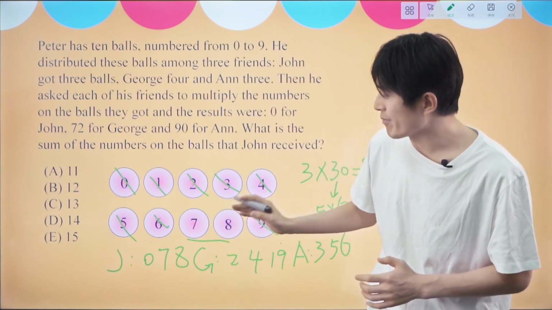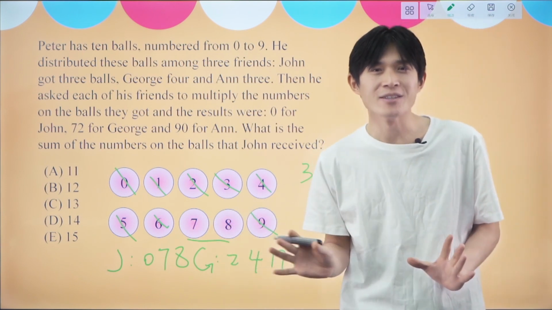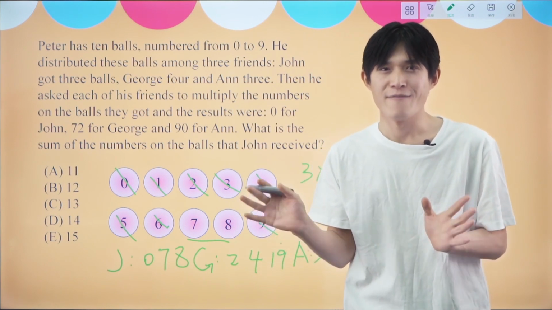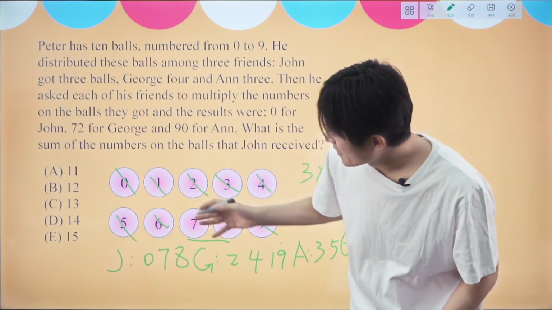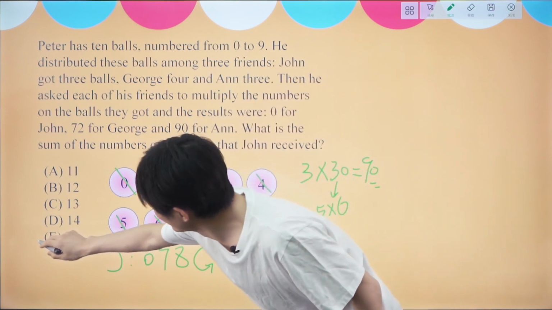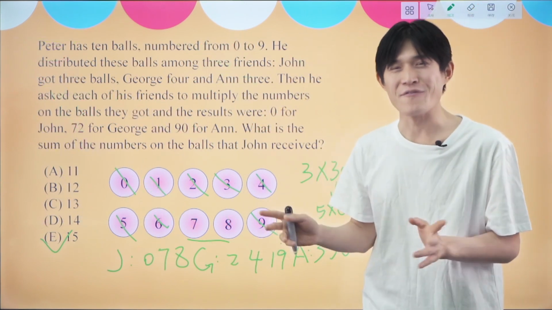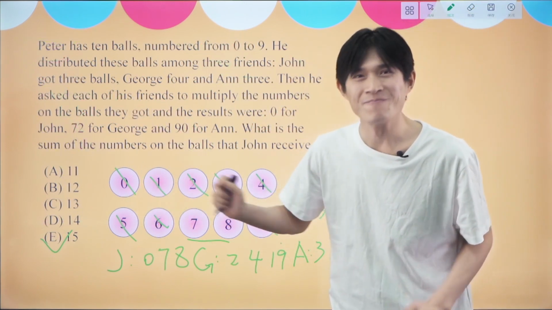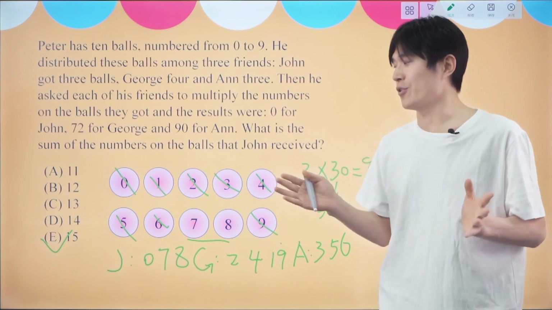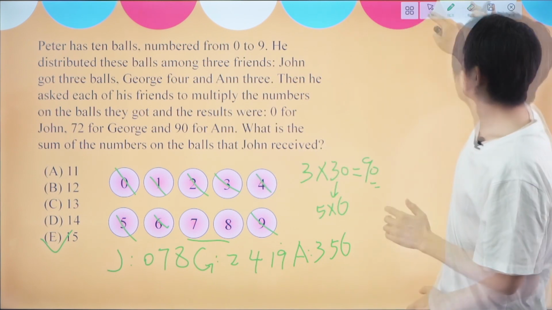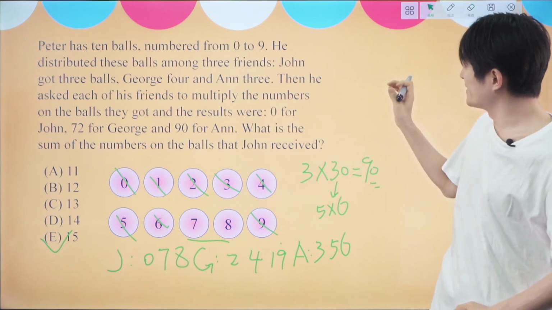So 0 plus 7 plus 8, it's a simple addition, and the answer will be 15. Where is 15? It's option E. Congratulations if you chose E. So this is how you solve this problem. All right, let's go to the next one.